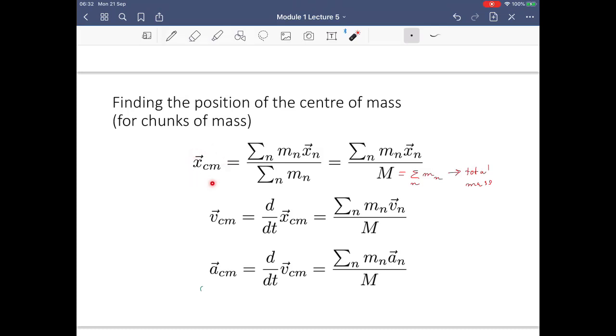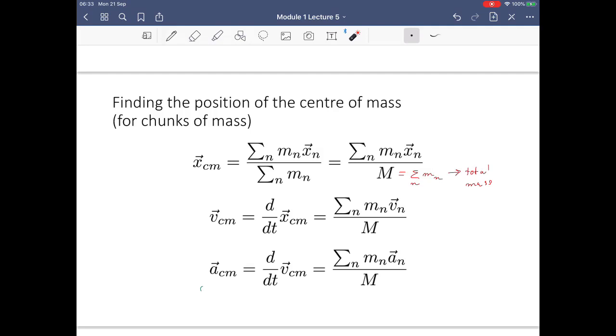In order to find it, we start with xCM equals the summation of the product between the mass of the nth particle, m_n, multiplied by the position of the nth particle, x_n, and then divided by the whole mass big M. So big M here is defined as the sum of the smaller m_n.